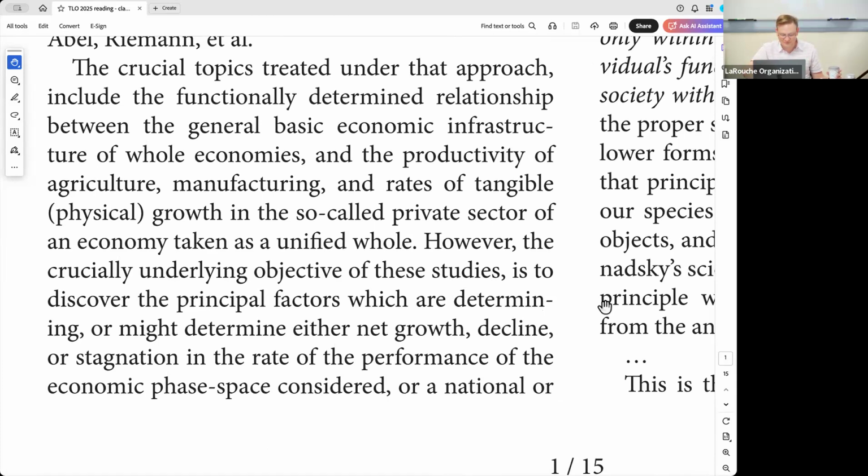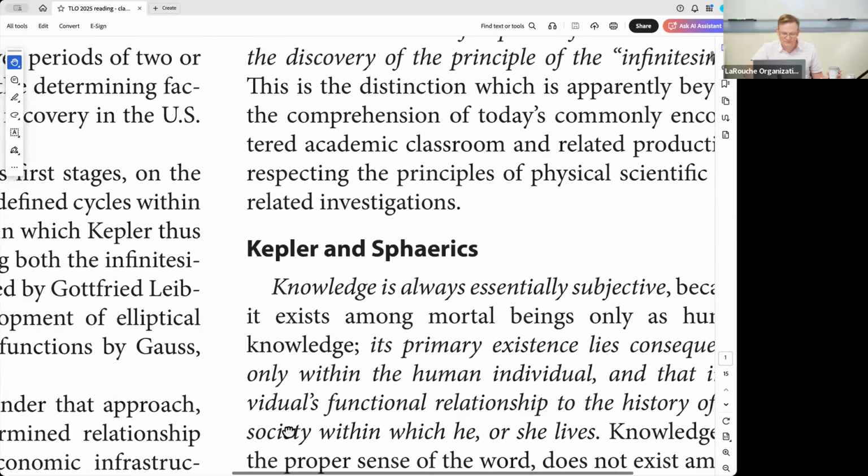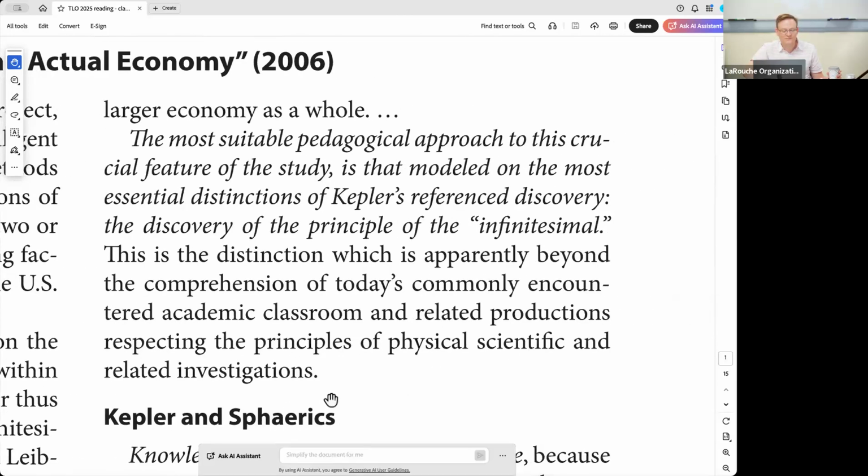However, the crucially underlying objective of these studies is to discover the principal factors which are determining or might determine either net growth, decline, or stagnation in the rate of the performance of the economic phase space considered, or a national or larger economy as a whole.